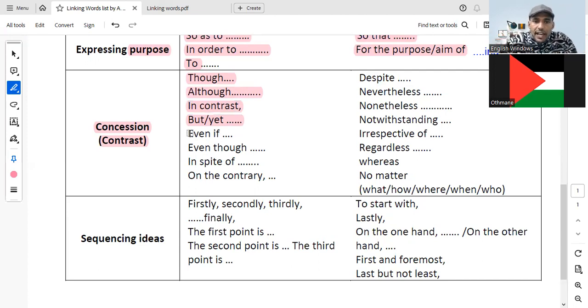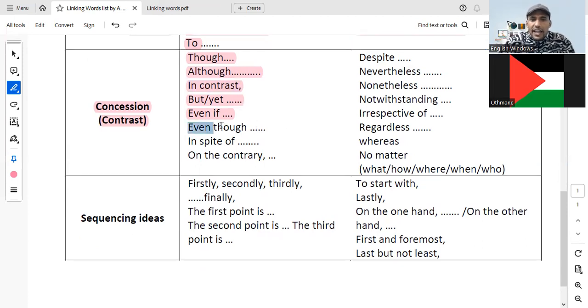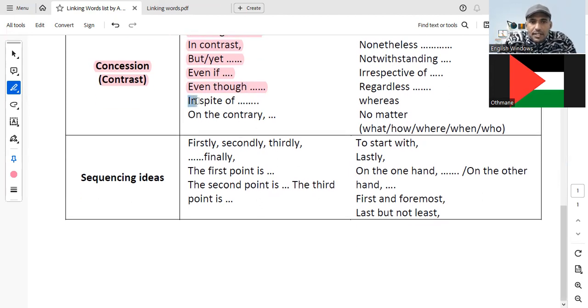Or "even if", to express concession: even if I work hard, I don't get good marks. Or "even though", it's the same: even though I work hard, I don't pass the exam. "In spite of" has the same meaning.